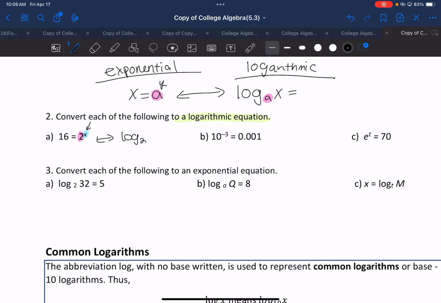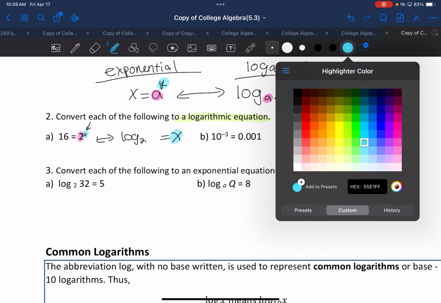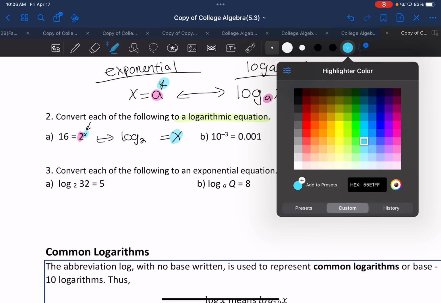My apologies. So the exponent in my problem, 2 to the x, is actually the y here. That's the exponent. So that's what this will be equal to, like I said. And then whatever the exponential is equal to, that's what goes inside your log function.